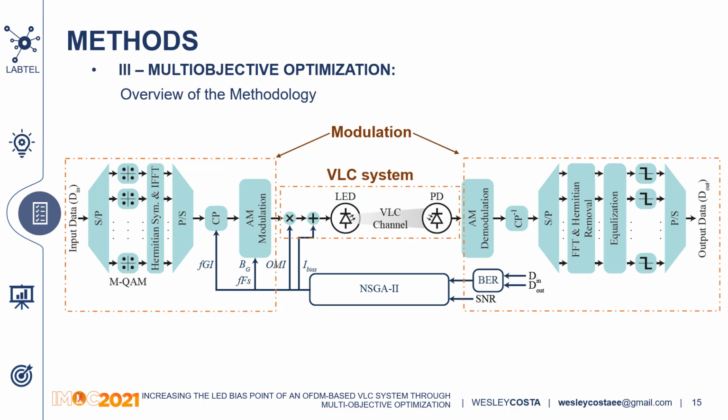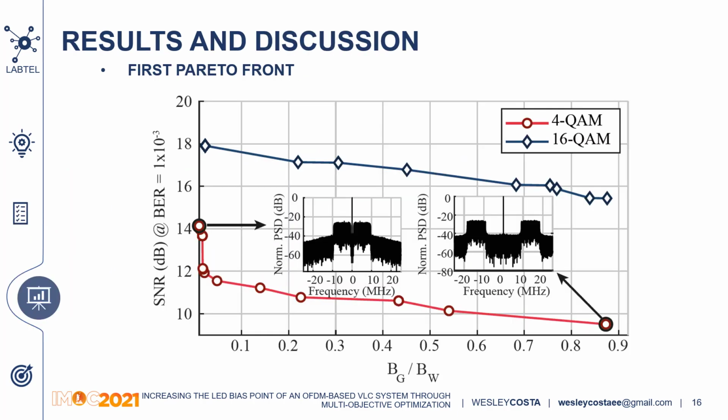And we used then a multi-objective optimization to minimize the SNR for a bit error rate of 10 to the minus 3 and to minimize the guard band and avoid the intermodulation distortion. So in this case, we had two objectives and five variables: the optical modulation index, the bias current, the guard interval, the sampling factor, and the guard band.